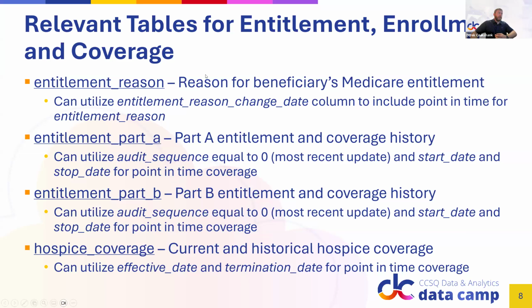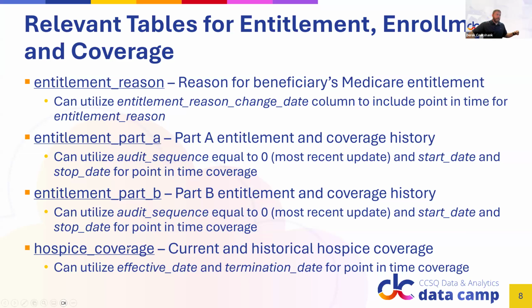There are the entitlement Part A and entitlement Part B tables. Obviously, in the table name, you would not assume it, but this is actually entitlement and coverage history. So it talks about, as of a certain point in time, you can identify what beneficiaries had Part A coverage or Part B coverage, and when that started and stopped, to take a look at the history of particular beneficiaries and whether or not they were covered.